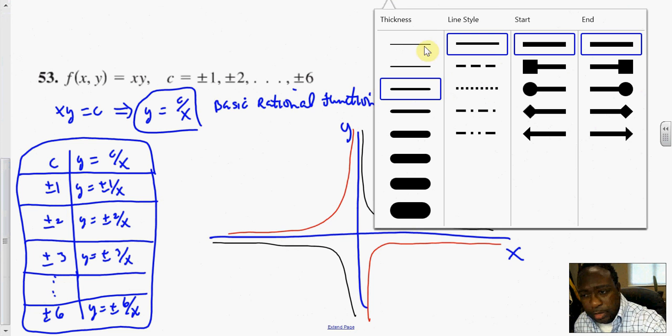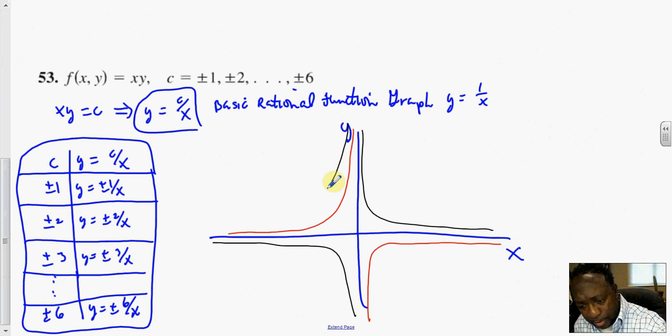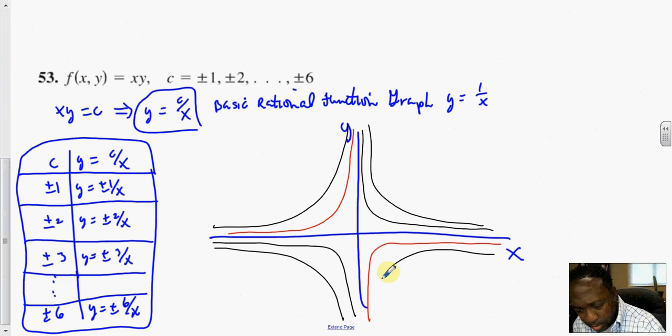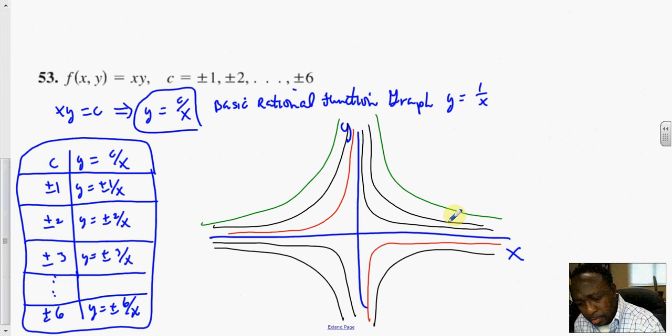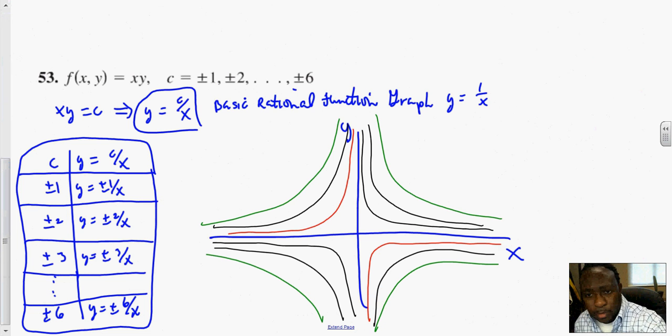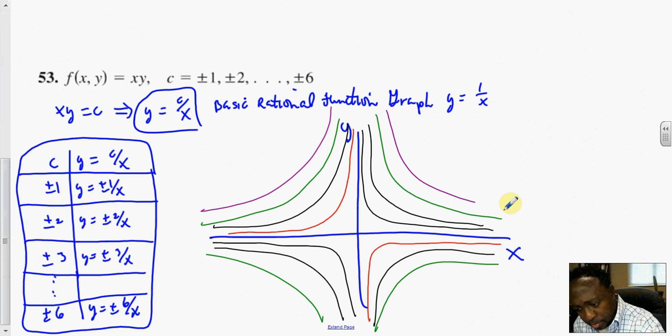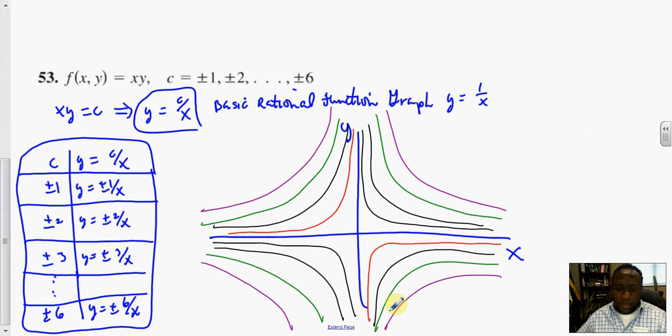And when you do that, you have things like this. And you get the idea.